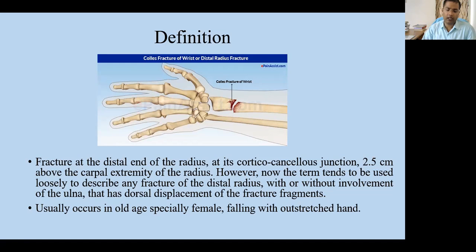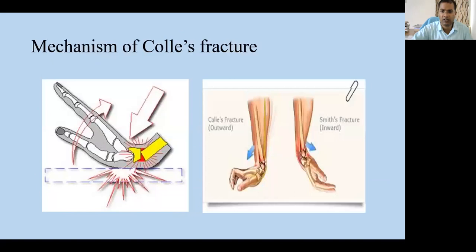So usually when a person receives an injury through a fall or an accident on an outstretched hand, when he tries to protect himself and puts his hand on the ground, that's why after the fracture the distal fragment displaces as you can see in the picture.